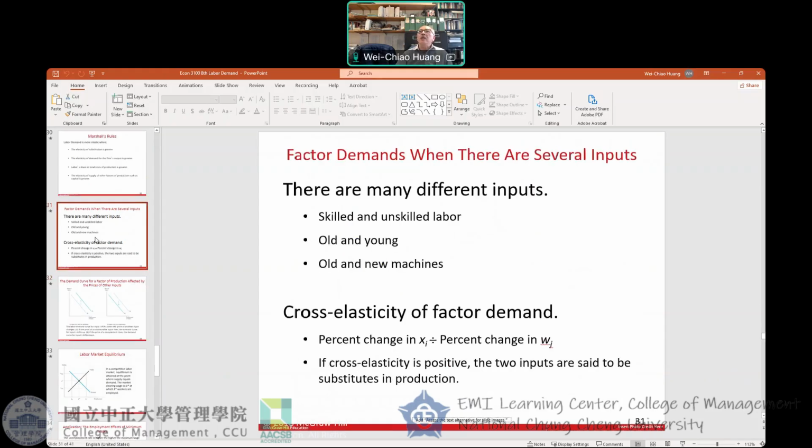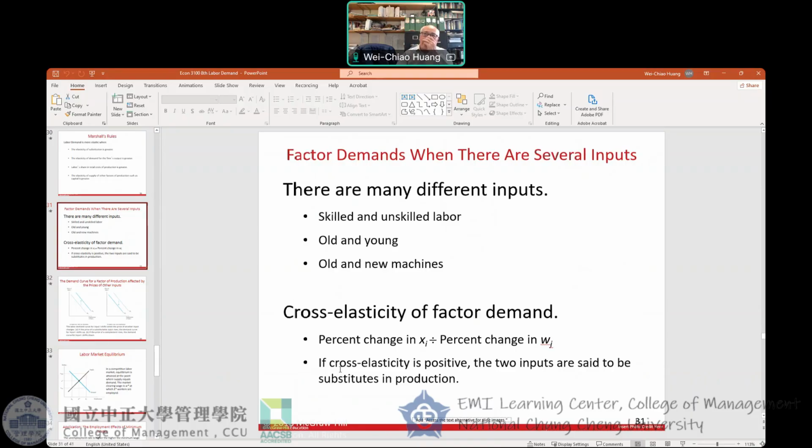And there is an issue about cross elasticity of factor demand, which is defined as the percentage change in Xi over the percentage change in the price or wage of another factor, J, cross factor, right? Xi means the demand for factor I. And you're going to get the result.